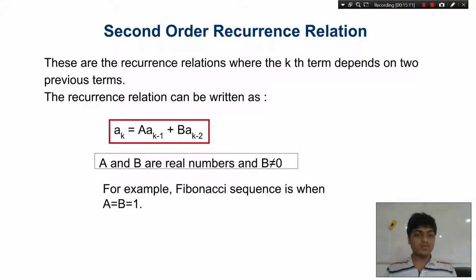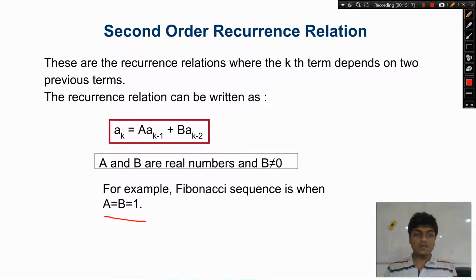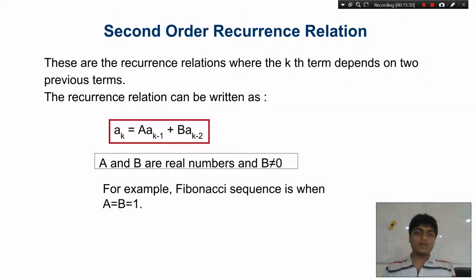B is not equal to 0, and you can see that if capital A equal to B equal to 1, then ak is just given by ak minus 1 plus ak minus 2, which is just the Fibonacci series.